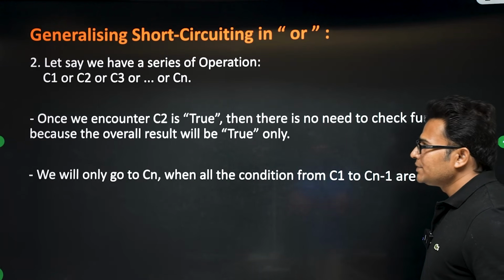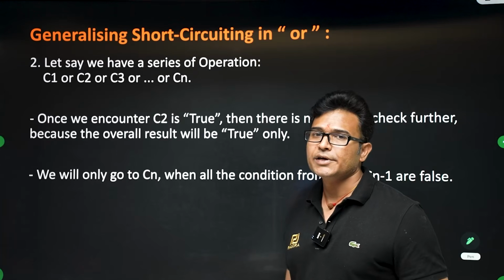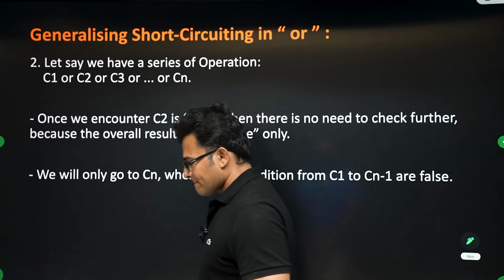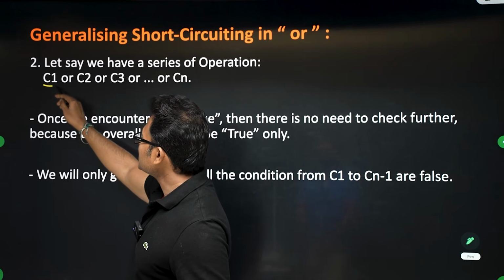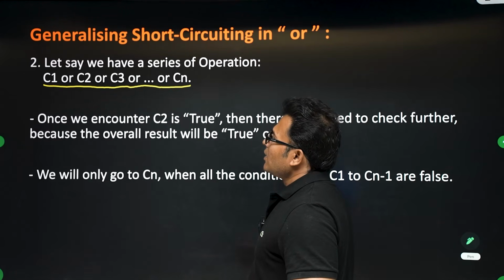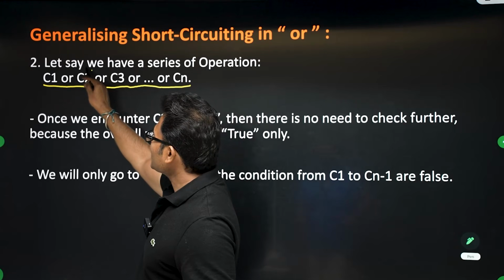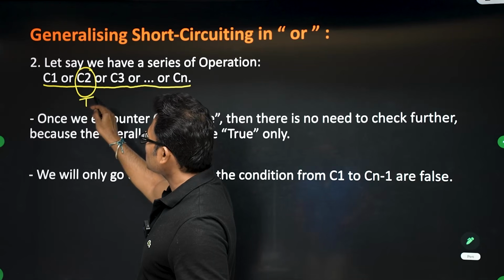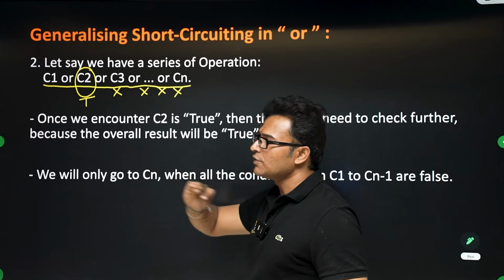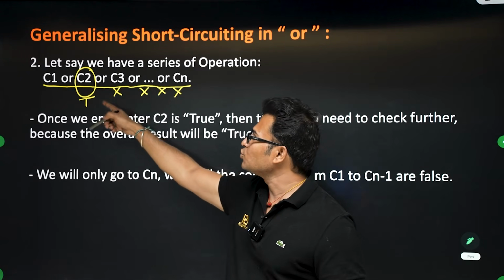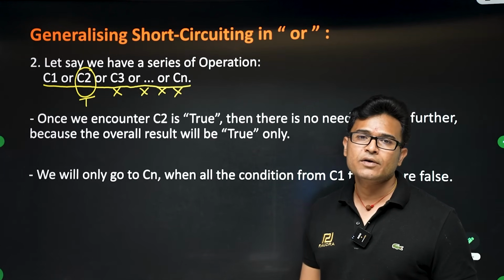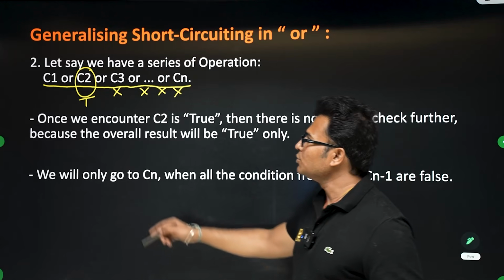Okay. So basically, in case of short circuiting in OR, if there is an expression like C1 or C2 or C3 or so on, Cn, if we get true anywhere, for example, let us say C2 is true, we will not evaluate C3, C4, so on, Cn. If C2 is true, we will not evaluate the remaining.